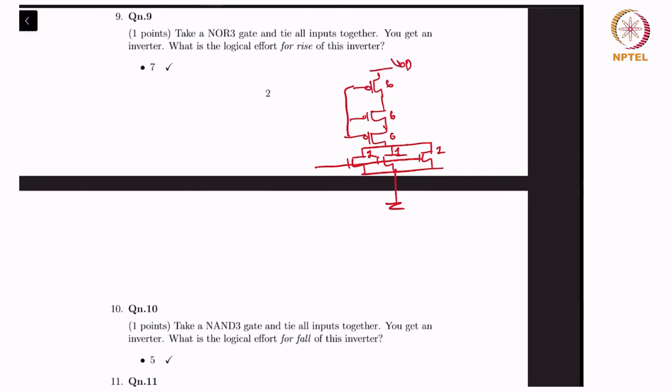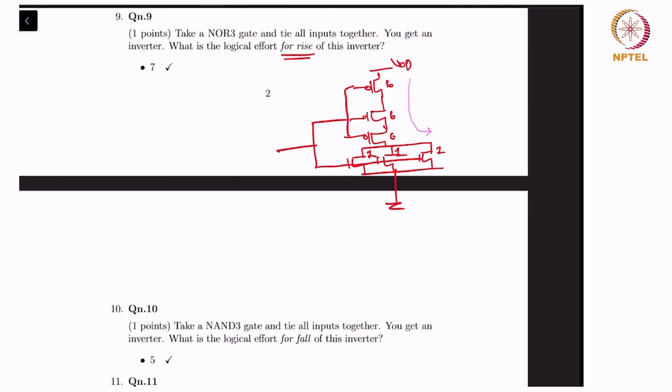We have tied all the inputs together. Now we are asked to find what the logical effort for rise of this inverter is. As you can see, in the rise case, it is no different from the regular NOR 3. The resistance is still R by 3 into 3, which is R. So the reference inverter is still the 2-1 inverter.